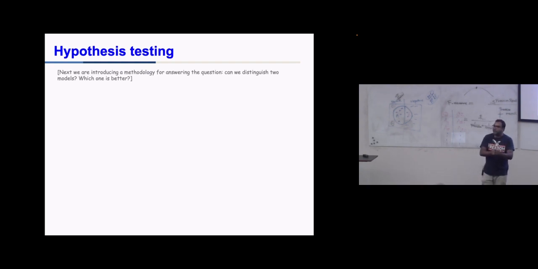If that holds, then they are different, and if it doesn't hold, they are not different. We can also flip that hypothesis the other way: we could say they are not different and test it. Then if we can reject that hypothesis based on the test, we can say they are indeed different. So see, two different hypotheses, right?